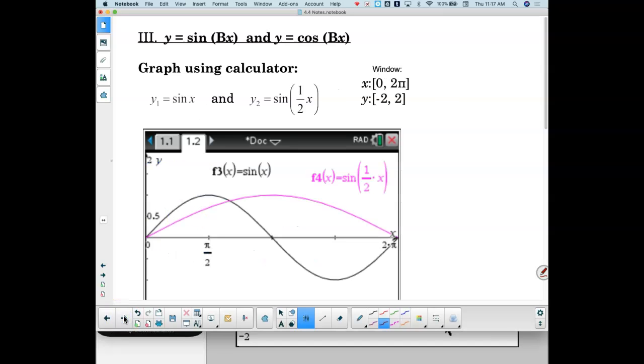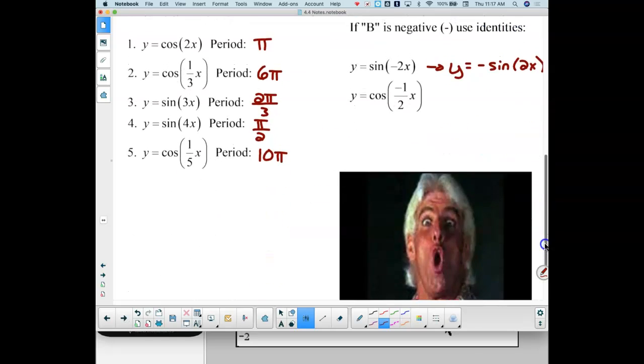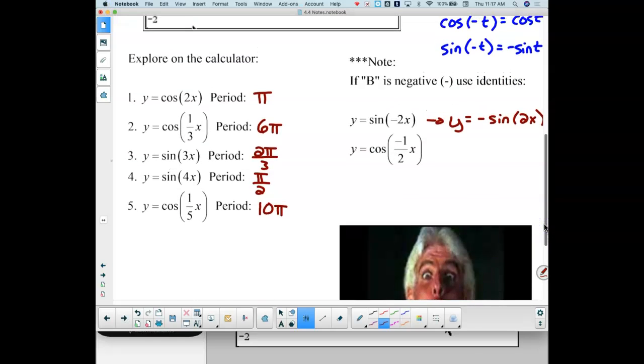But with cosine, it doesn't. Oops, that's an x, not a t. So a negative b value will flip the sine curve, and it does absolutely nothing to the cosine curve.